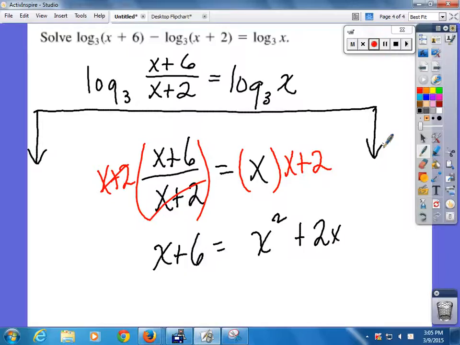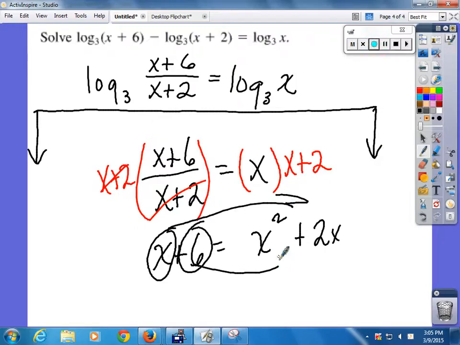Question, am I going to move the x squared to the left-hand side like I'm supposed to? No, because it ain't broke. If it ain't broke, don't fix it. Why is this not broke? It's positive. Leave it alone. So bring this across the river and bring this across the river.